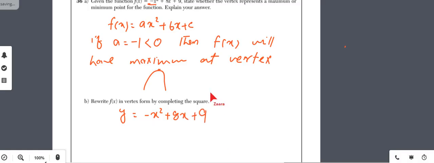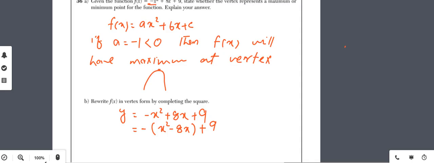For the completing the square method, we are very clear that the coefficient of x square needs to be 1 only. So I am taking negative 1 common outside. So I am getting x square minus 8x, plus 9. Now just look, I took the negative outside from only these two terms.